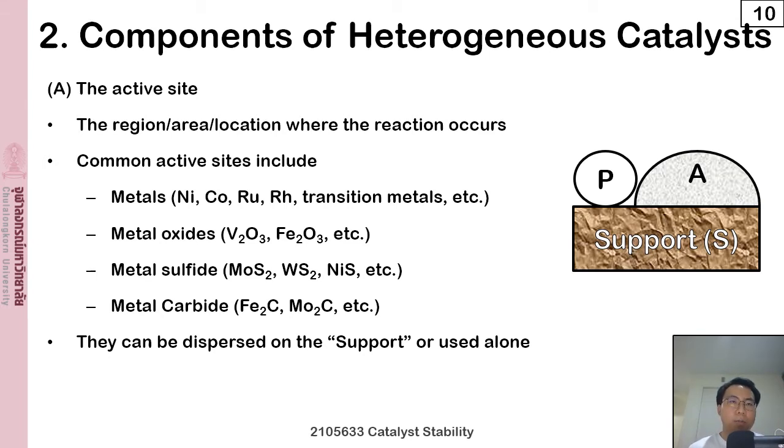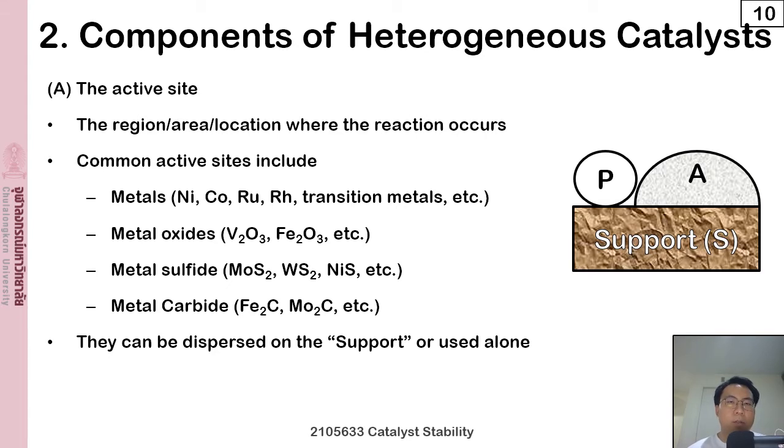And I would like to mention that the common active sites comprise four main types. First one is the metals. The commonly seen heterogeneous catalyst is nickel supported on silica, SiO2, and all the transition metals can act as a catalyst. Next is the metal oxides.